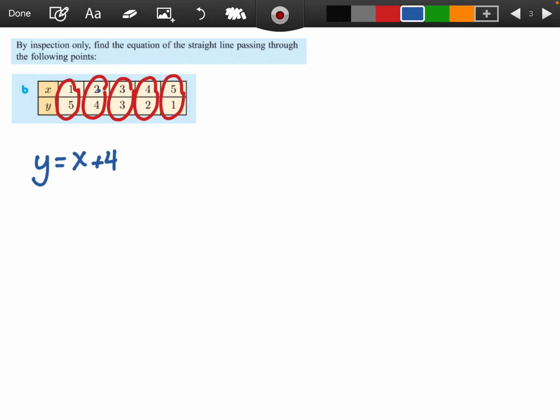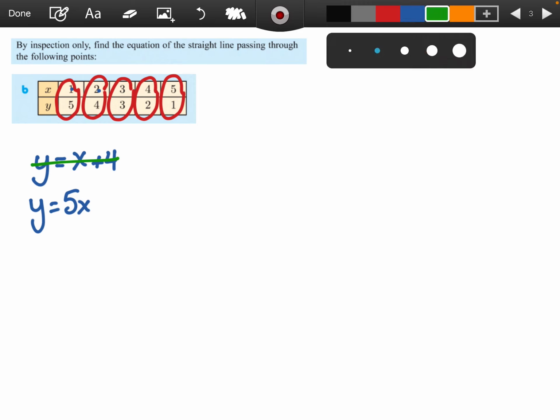Does that work here? 2 plus 4, nope, that doesn't give me 4. So that one's out. Maybe I multiplied by 5. Maybe I had y equals 5x, because if I multiply 1 by 5, I get 5. But if I multiply 2 by 5, I don't get 4.